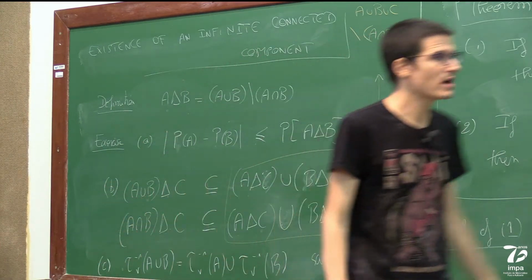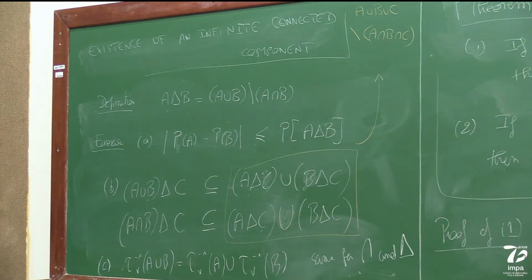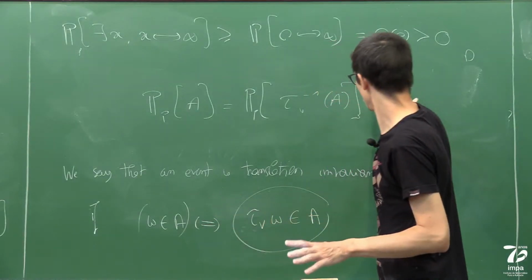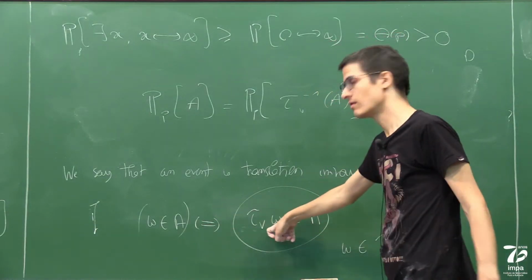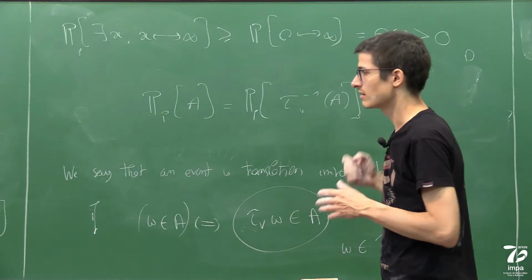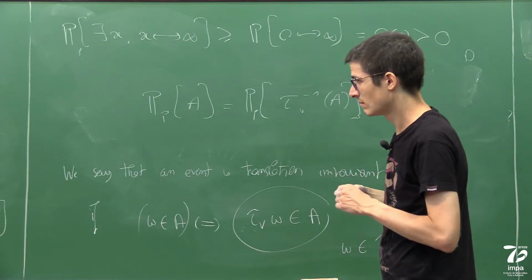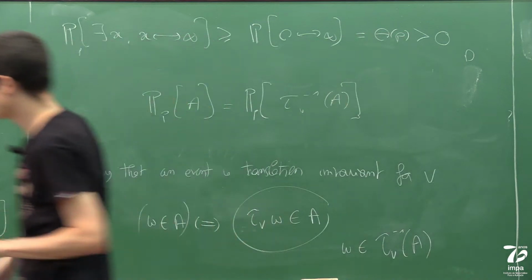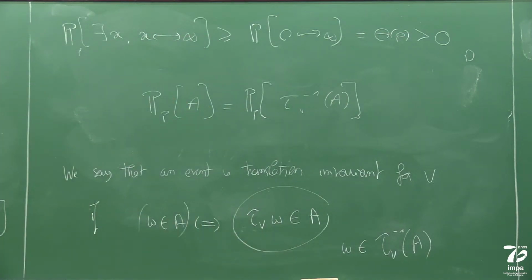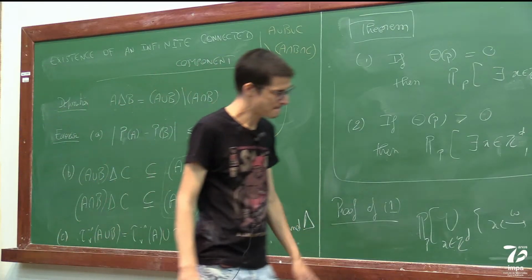This is more or less a direct consequence of the definition of T_v, which I just erased. This is not exactly a property of the symmetric difference, but this is something we are going to use.